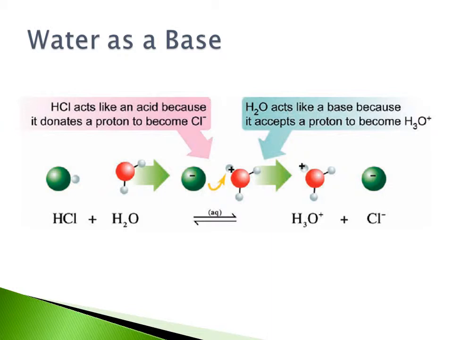Once the H plus has moved from your acid to the base, the thing that was your acid is now your base because it doesn't have the H plus anymore. So in acid-base chemistry, whatever started as your acid and your base, they switch places once that H plus has been passed.